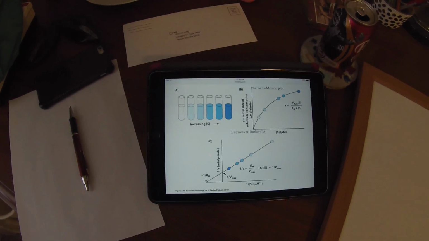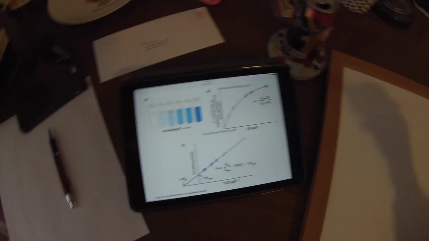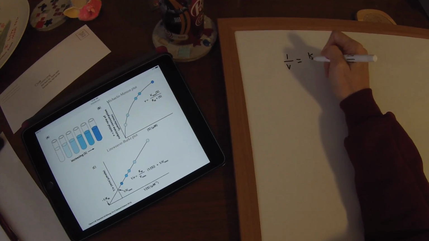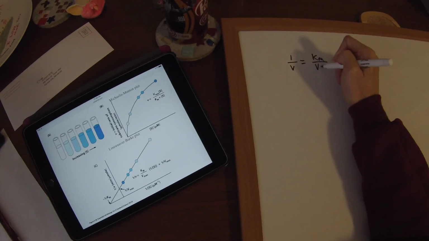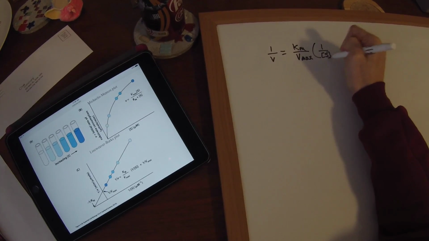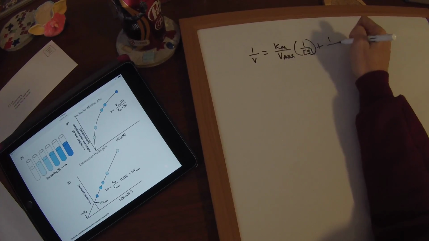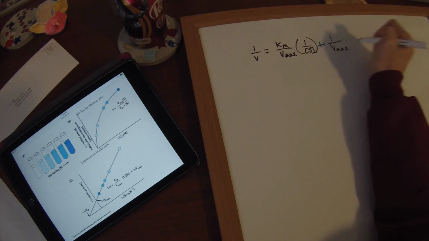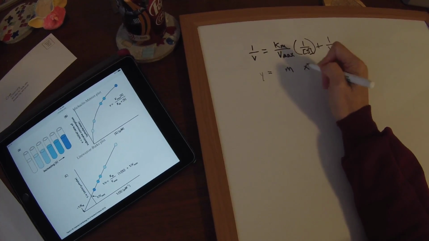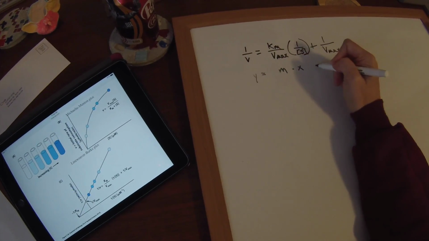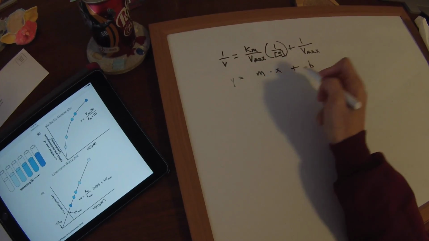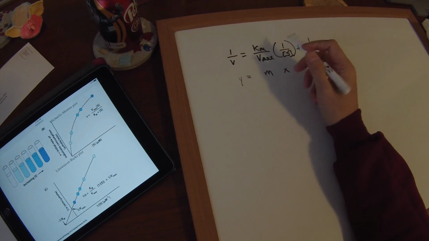This should be familiar. If we have 1 over V equals Km, the Michaelis constant, over Vmax times 1 over our substrate concentration plus 1 over Vmax, this should help you harken back to the equation of a line: y equals mx plus b.